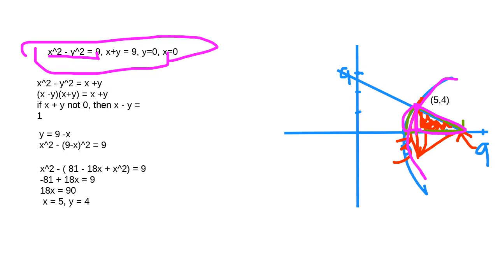And then x plus y equals 9, which is this straight blue line. And then y equals 0, which is the x-axis. And x equals 0, which is the y-axis. It's bounded by those 4.